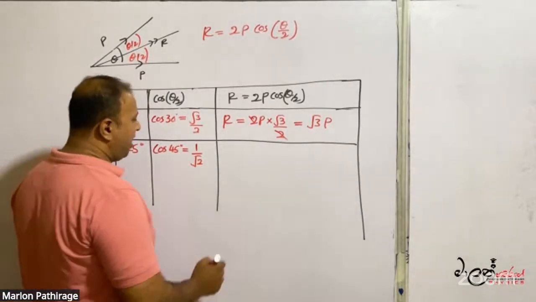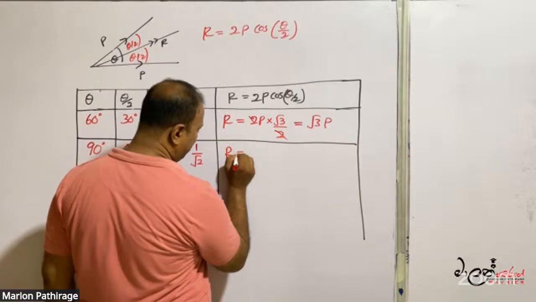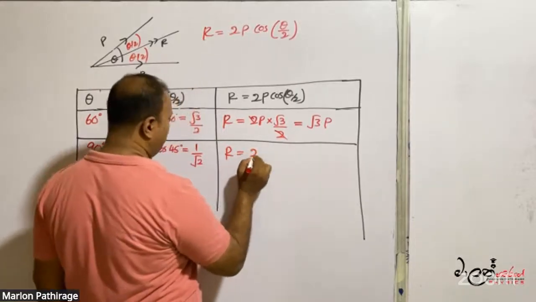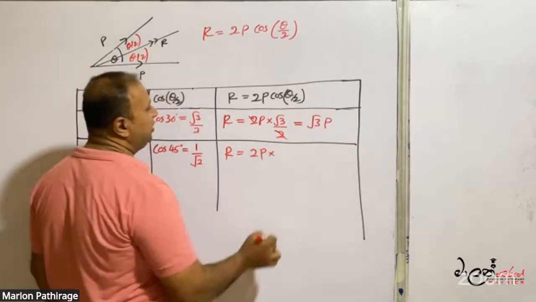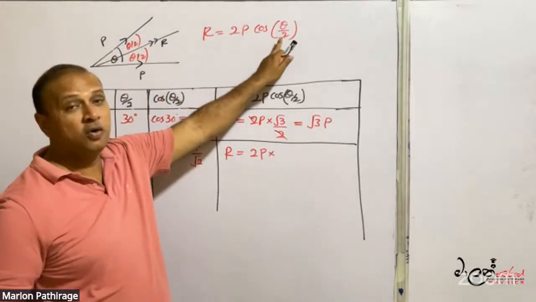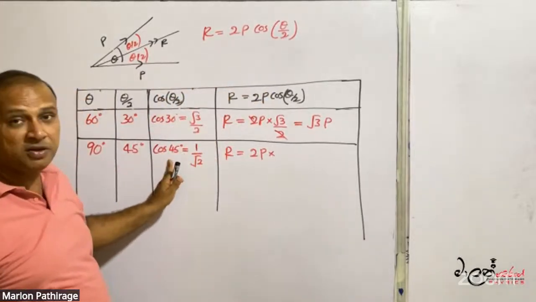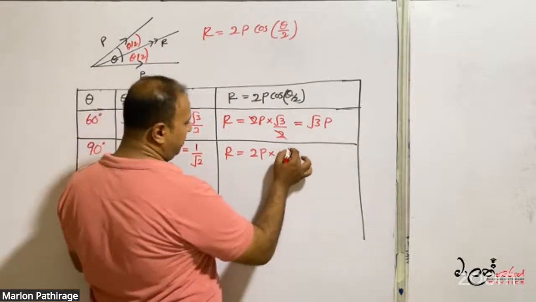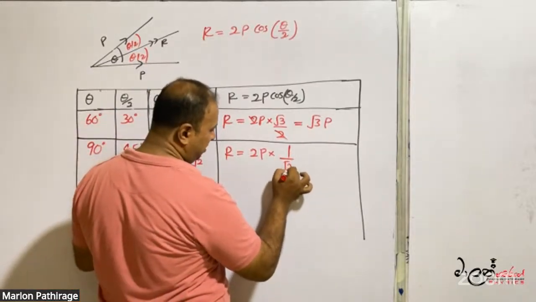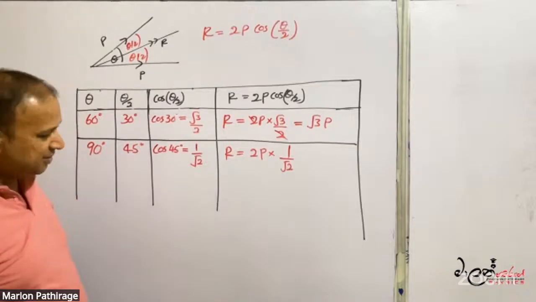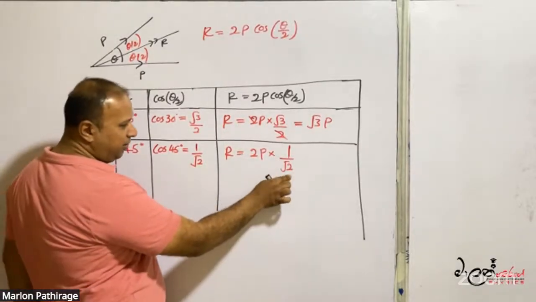Therefore, R is equal to 2p into the cos value of the half angle. That means cos 45, that means 1 over root 2. So here 2, here root 2.